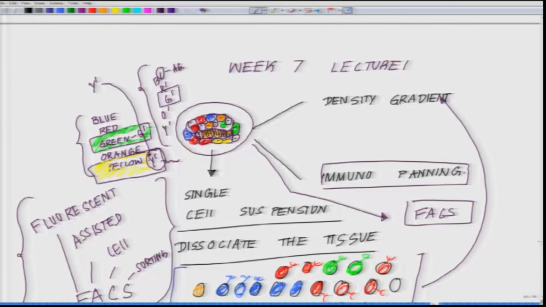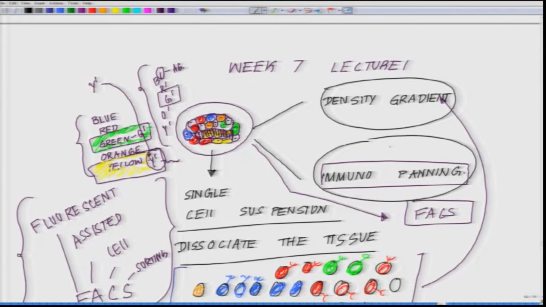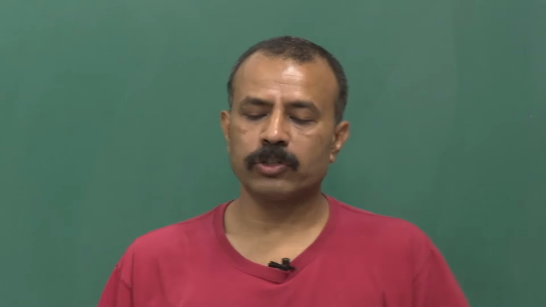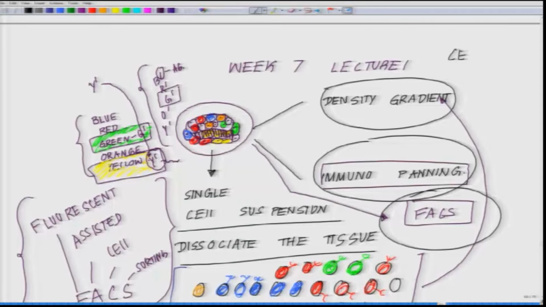Now, in light of this, we have density gradient centrifugation, immunopanning, and the fluorescent assisted cell sorter. So we have three different techniques by virtue of which one can do cell separation.